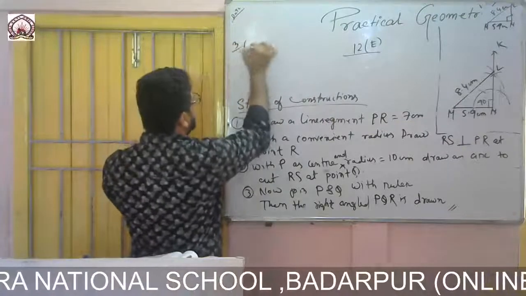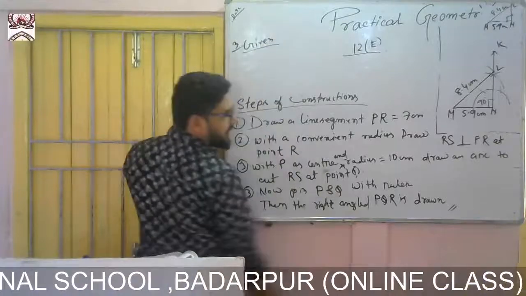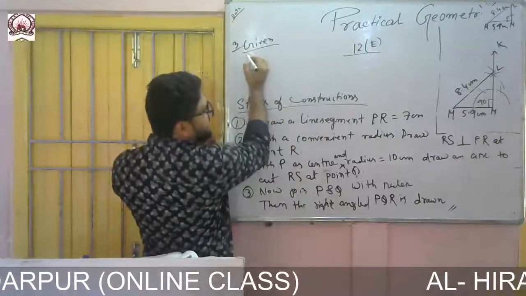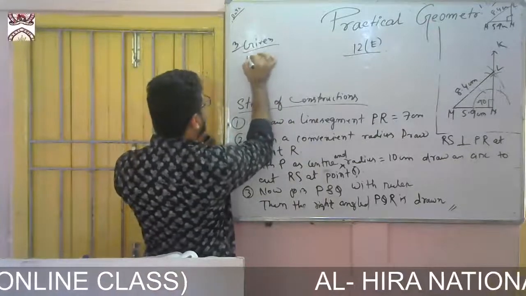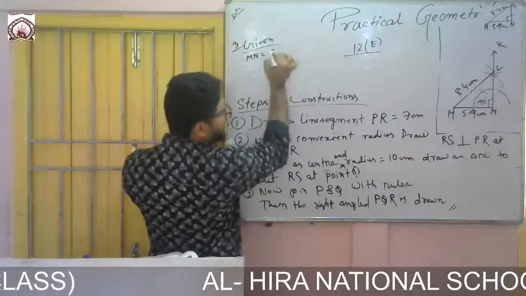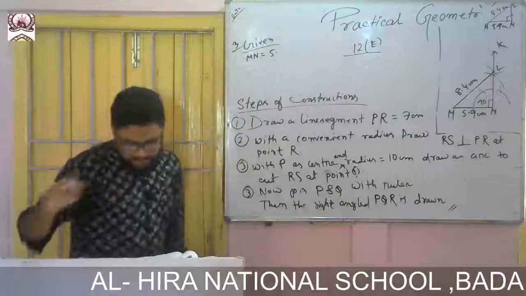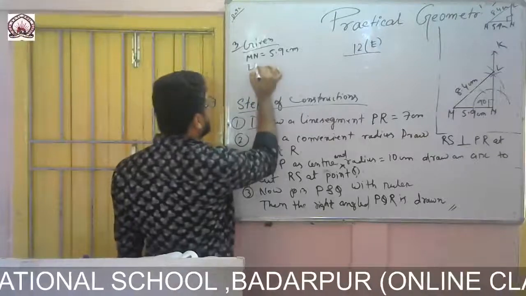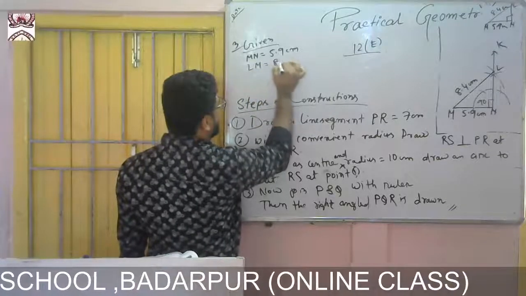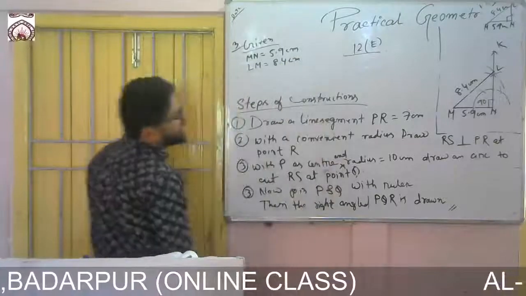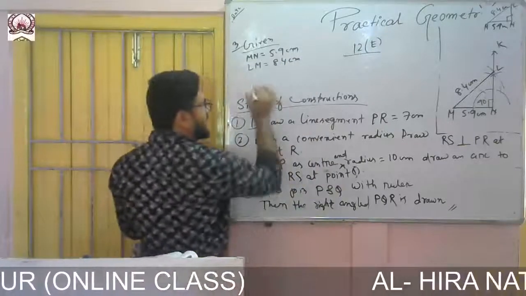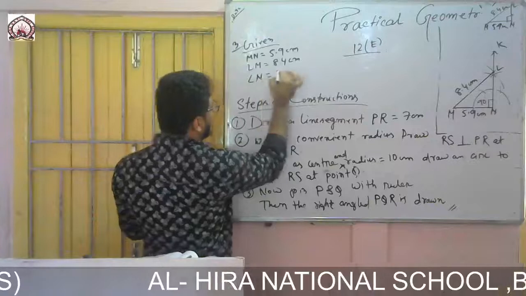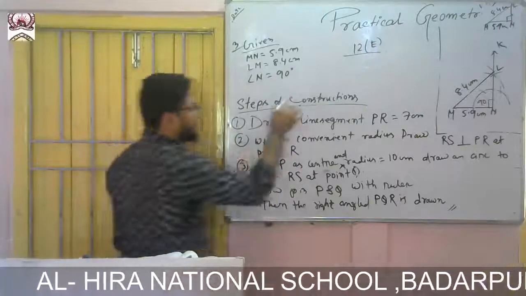Given MN equals 5.9 centimeter, then LM equals 8.4 centimeter, then angle N equals 90 degrees. Steps of construction.